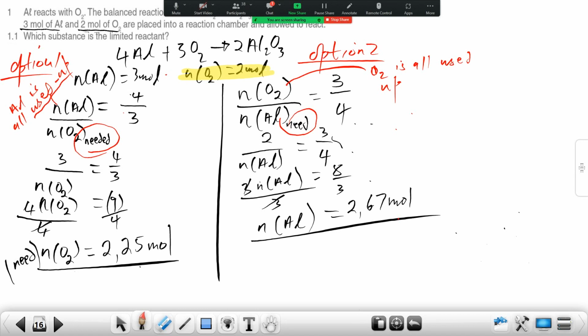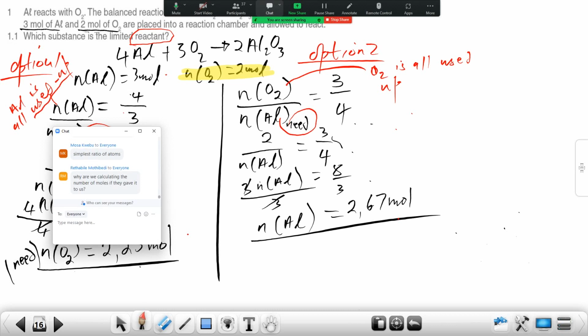So how much oxygen do we need for aluminium to react completely? How much aluminium for option 2 do we need such that it can react completely with oxygen? The option is entirely up to you, but the key thing is we are working with a reactant.